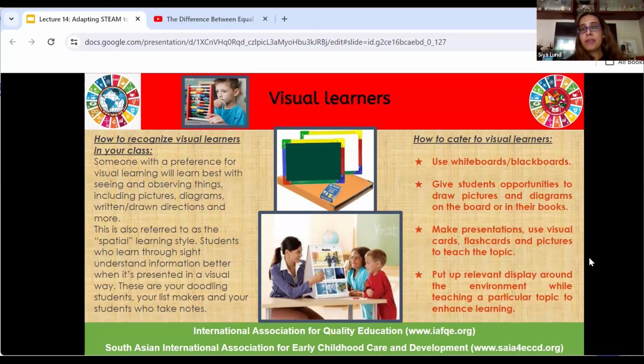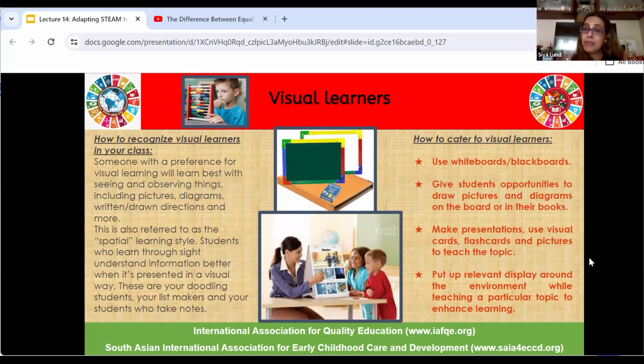Yes, so if you have a particular topic, for example, a rain cycle, or a butterfly life cycle, putting up relevant display in the environment is very important. Even if you're teaching about winter, you have a lot of display around you about snow and places that have experienced snow during winter, how the weather changes, and the things that we wear and eat during winter time.